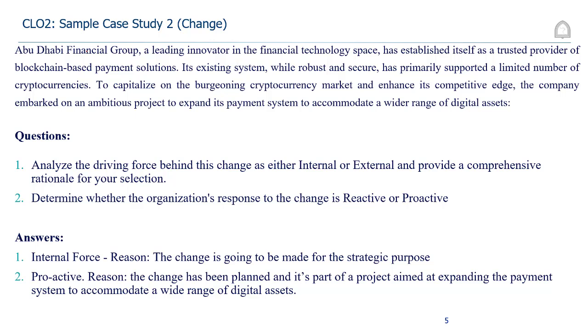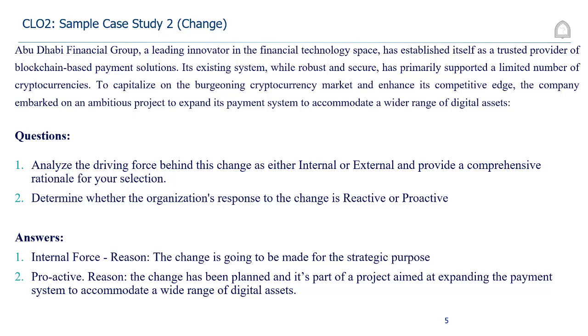In other words, as a business, we have planned that we are going to do that particular change because either it is going to give us some competitive advantage, or because it is aligning with what you want the business to achieve, or because there's a change maybe in technology and therefore we feel that we need to change. So internal simply means the reason for carrying out the change is derived from within, from the business need, okay, from within. External are those things that we don't have a say over.